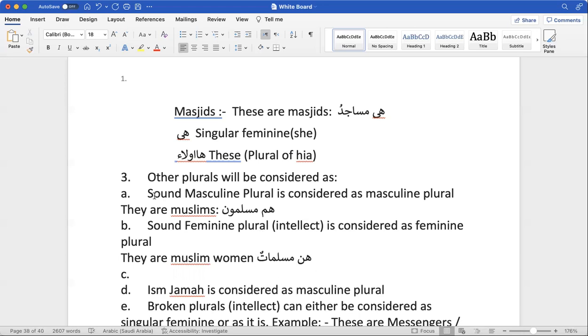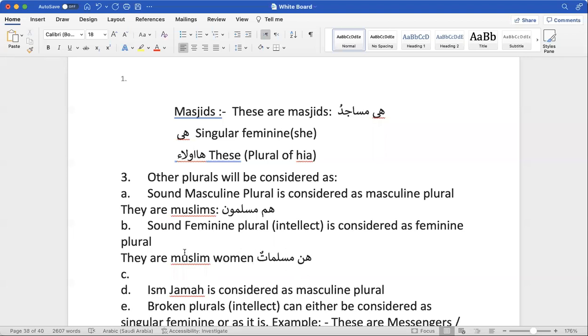You see, these plurals, sound masculine plural, are always intellect. Okay, sound plurals are always considered as masculine plurals. They'll be treated as masculine plurals only. And sound feminine plurals, intellect, will also be treated as normal feminine plural.